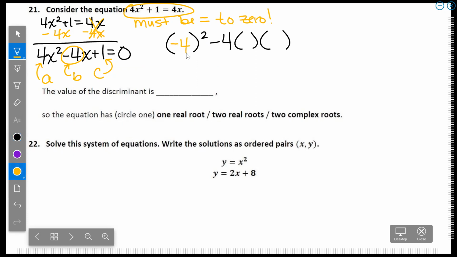So -4 squared minus 4 times a times c. What is -4 squared? 16 minus 4 times 4 times 1. 16. 16 minus 16? 0. What does that mean about my roots? 1 real root.